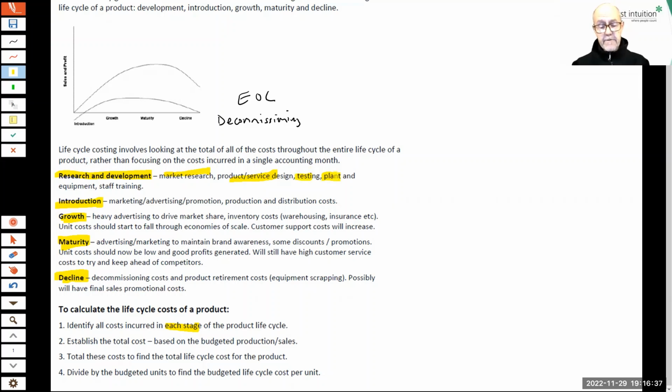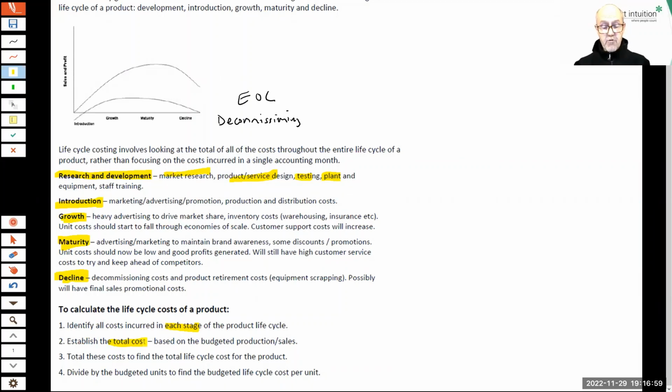There's all of these costs. So with life cycle costs, we look at every cost at each stage: costs before, costs during, and costs after. Once we've got a picture of all of those costs and we've got a total, we then put that alongside our market research and our projections of how many people we think are actually going to buy the product.